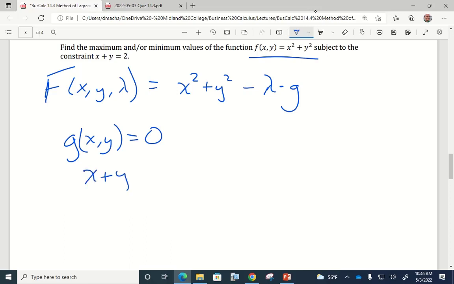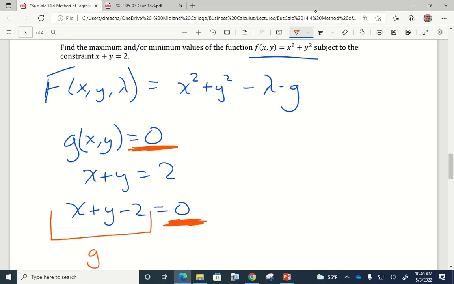So whenever I have x plus y equals 2, I have to rearrange it as x plus y minus 2 equals 0, because it's super important to have one side of your equation be a 0. Then that makes the other side of your equation g. So that means my g is x plus y minus 2.